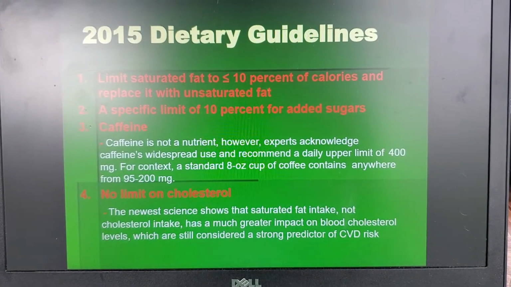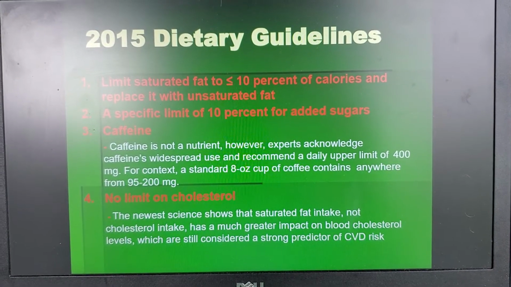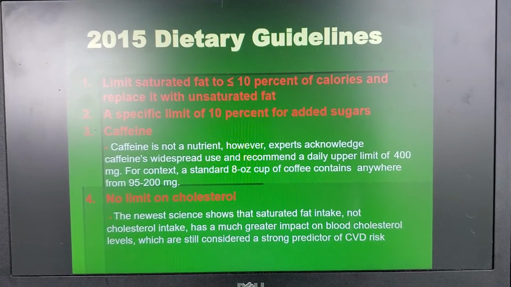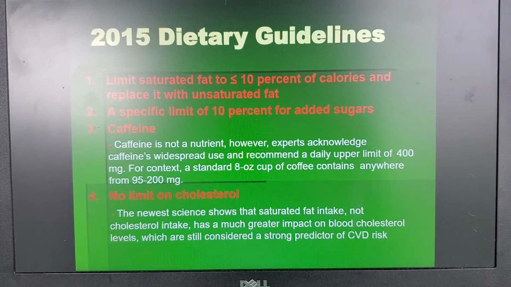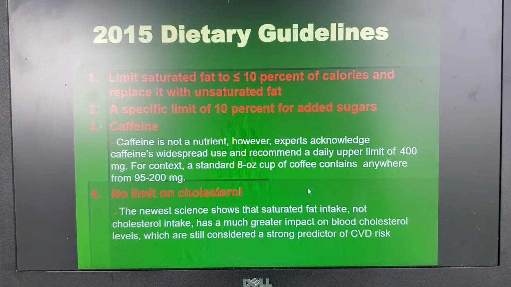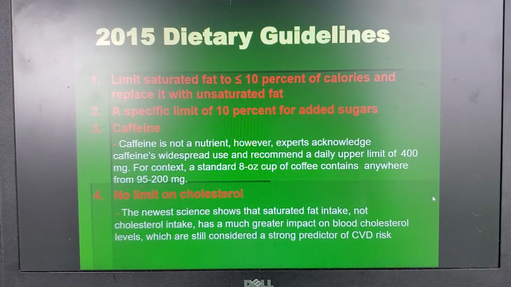So for you guys that are coffee drinkers out there, if you put anything in your coffee outside of maybe just a little bit of milk or something along those lines, that added sugar is something we're trying to cut from our diet. Caffeine, along those same lines, has kind of an upper limit of 400 milligrams, which is the equivalent to an 8-ounce cup.